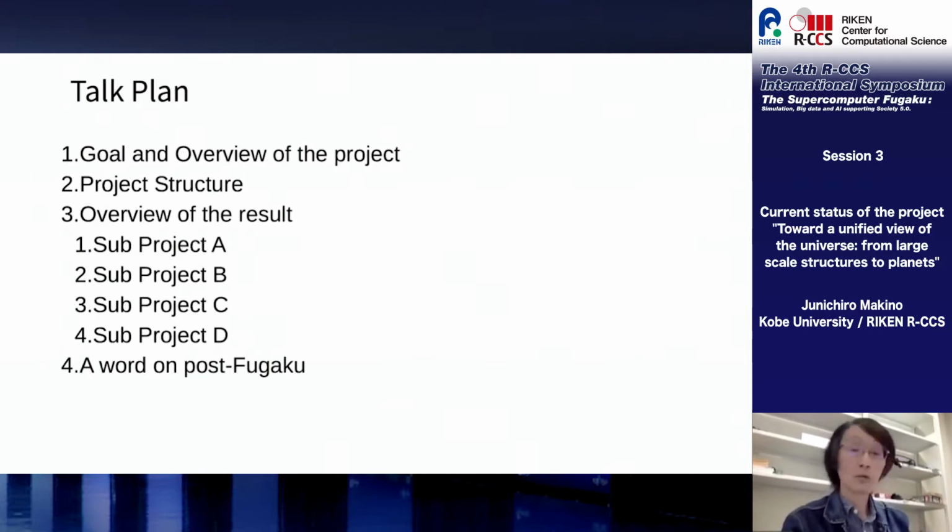My talk will be organized roughly as follows. I'll start with the goal and overview of the project and the structure, and then I'll overview the current status of the project. Currently, our project contains four sub-projects from the large scale to the small scales within the universe and planetary science, and I briefly overview each of them.